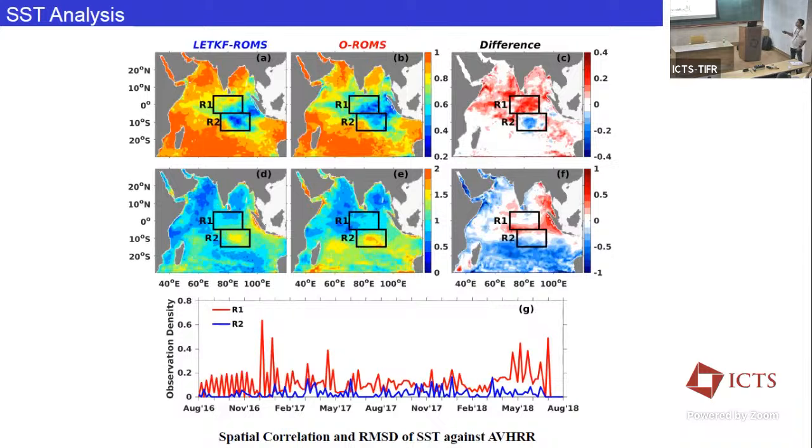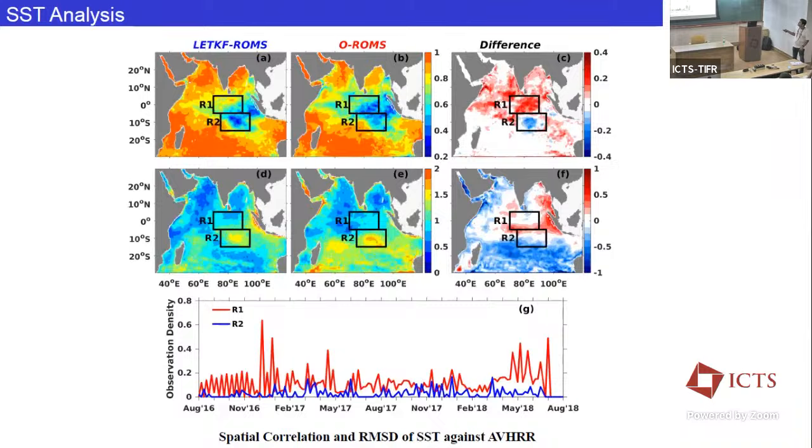Now this one, red patch means that assimilation has improved. Red patch means positive, which means this correlation is higher than this correlation. And blue patch means there has been some degradation after assimilation. So what we see here is across the North Indian Ocean, in majority of the places, it has improved, right?